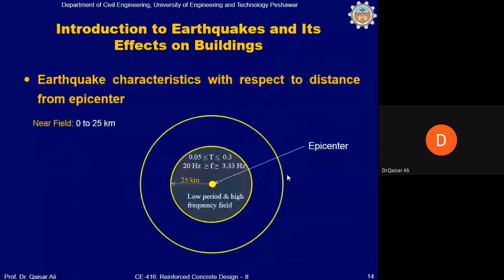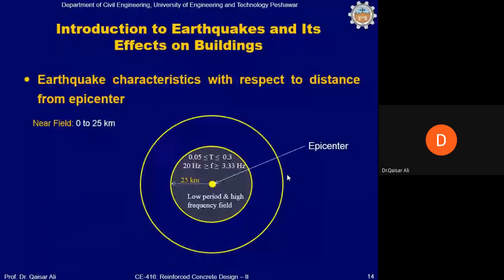This is slide number 14 and 15. There are earthquake characteristics with respect to distance from the epicenter. There can be many earthquake characteristics, but three of them are most important for us. Number one is the distance from the epicenter.